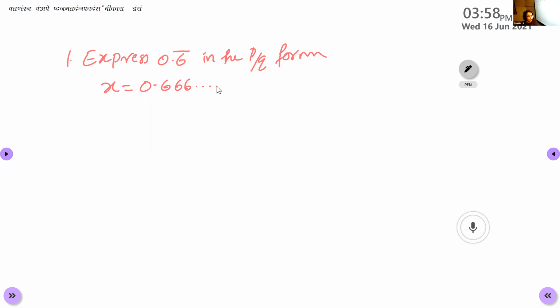And 10 into x is equal to 10 into x. Because one digit is repeating, we will write 10x equal to 0.666 into 10. That is 10x equal to 6.666.